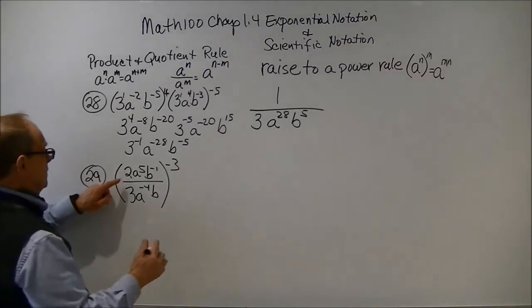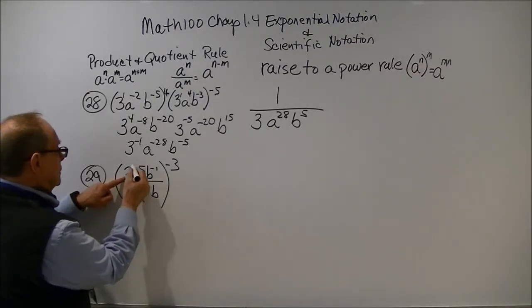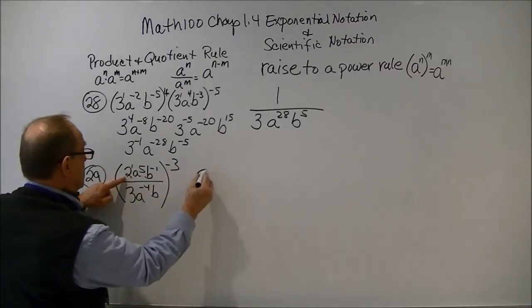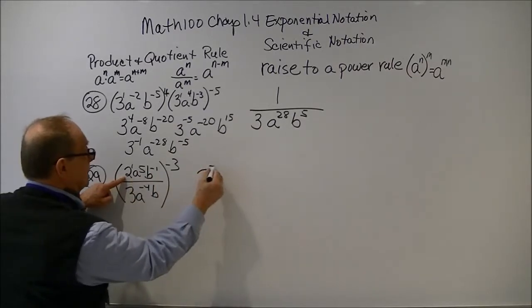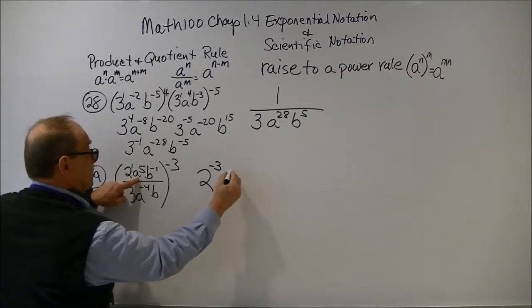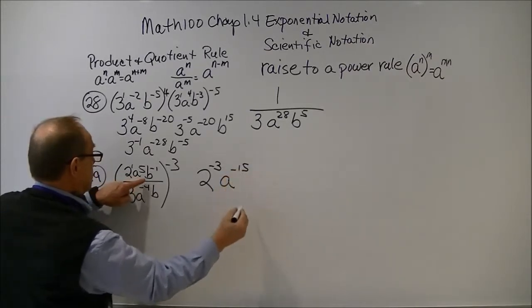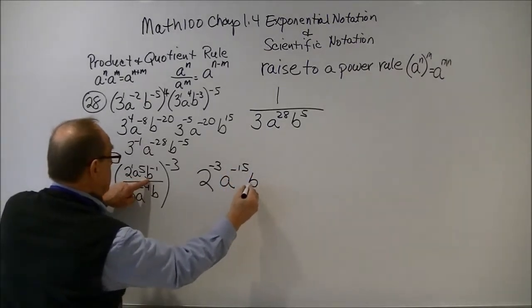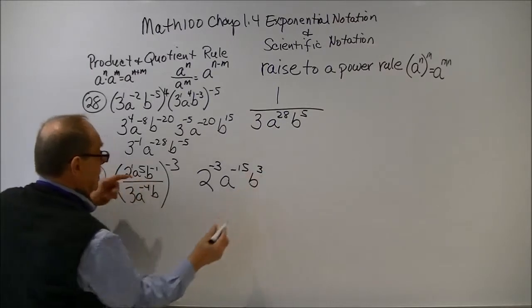Okay, let's do this one. So there's a 1 there. This is going to become 2 to the -3, A to the -15, B to the +3.